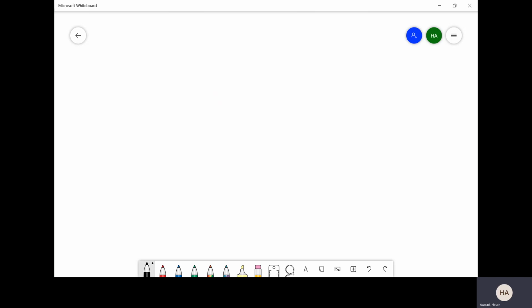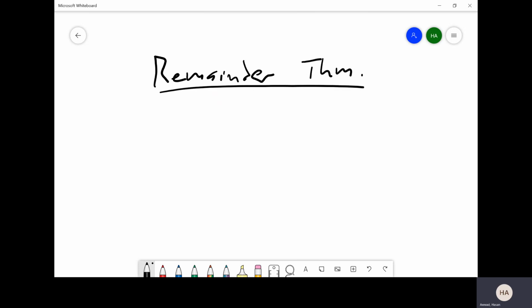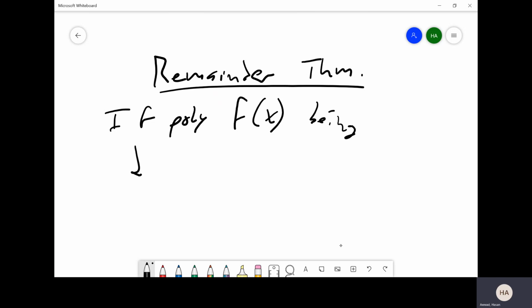Let me go ahead and write this. I'm going to abbreviate theorem here. So, remainder theorem. If you have some polynomial, and in this case I'm just going to call it f of x, and it's being divided by x minus a.